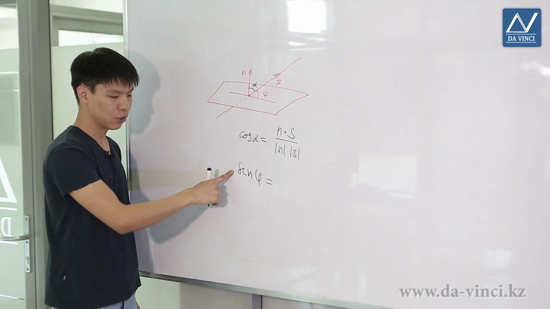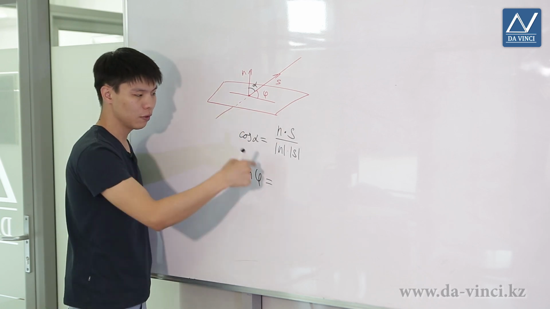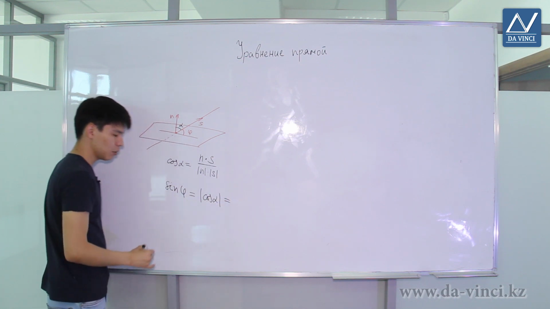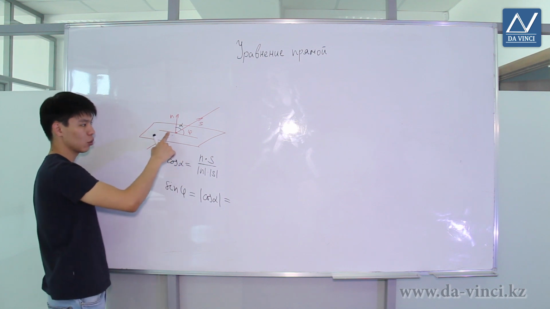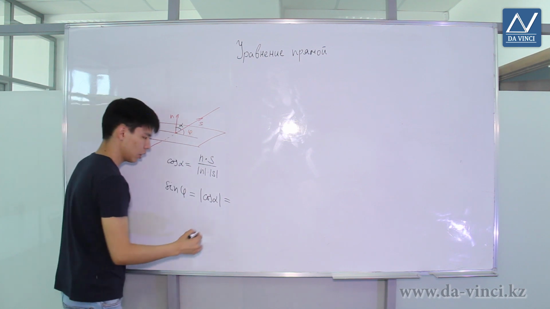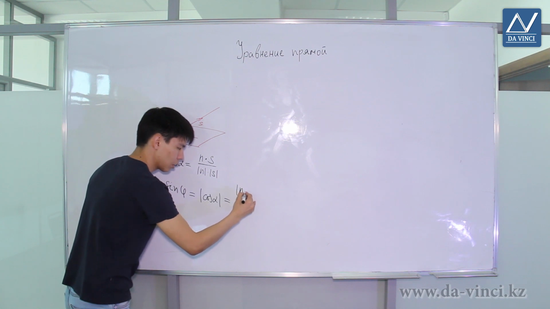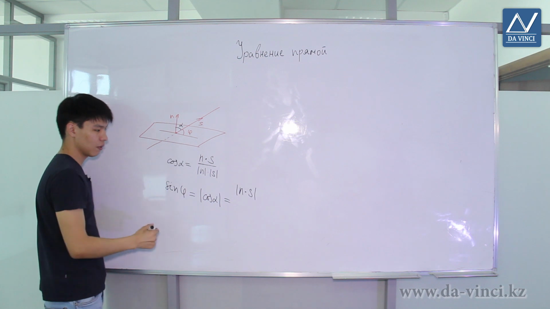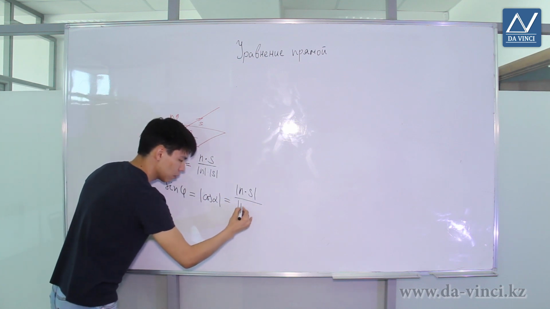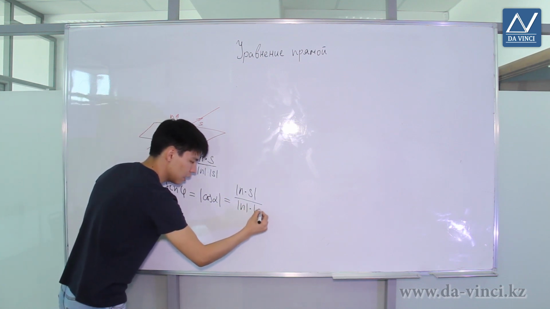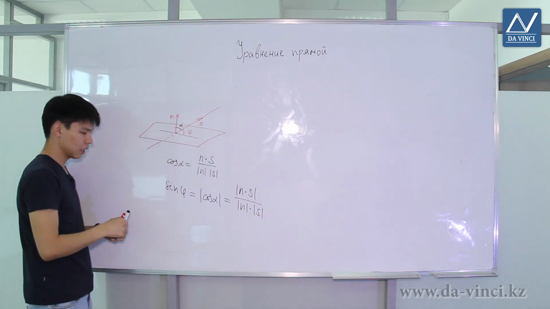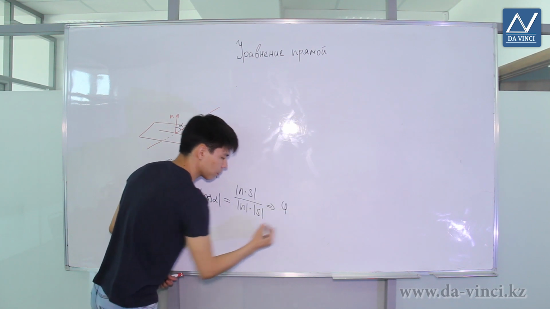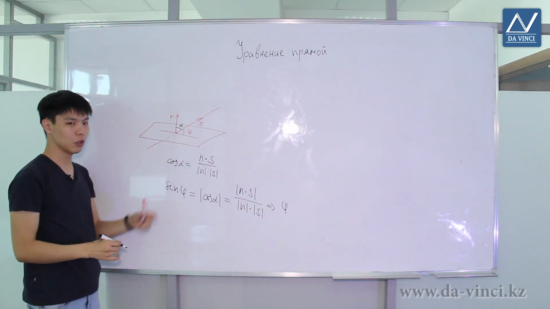Therefore, we can take the modulus of this cosine to calculate the sine of phi. Thus, we get that the sine of the angle between the plane and the line will be the modulus of the scalar product of the normal and the direction vector divided by the product of the lengths of these vectors. Knowing the sine of phi, we can easily find phi. Thus, we can find the angle between the line and the plane.